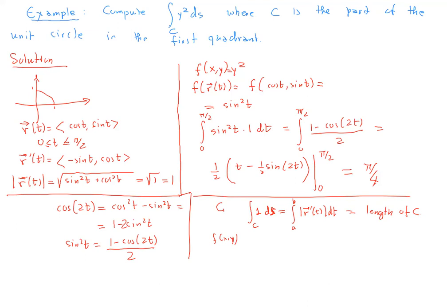So if you take a function f of xy and you take the length of C and you multiply it with the scalar line integral along C of f ds, then this can be considered as the average of the function f on C.